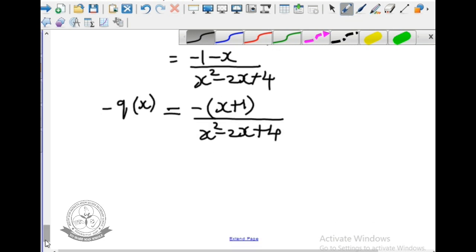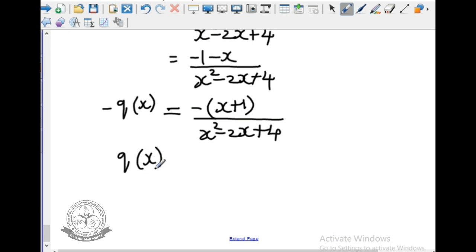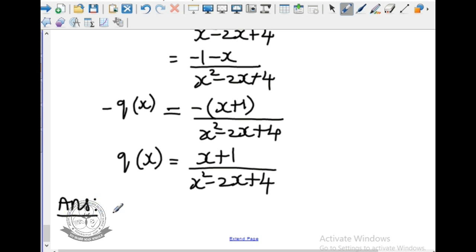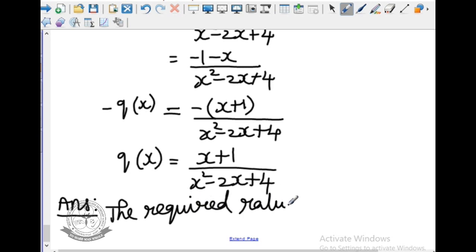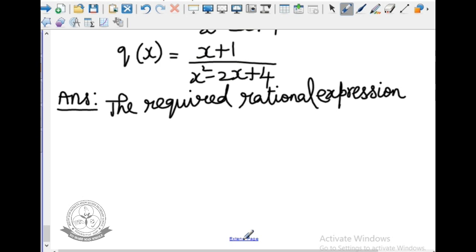So the answer will be, therefore, q of x equal to x plus 1 divided by x squared minus 2x plus 4. So the answer: the required rational expression is x plus 1 divided by x squared minus 2x plus 4.